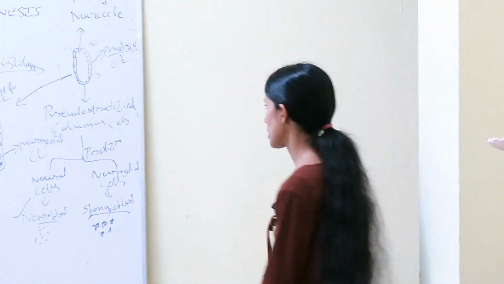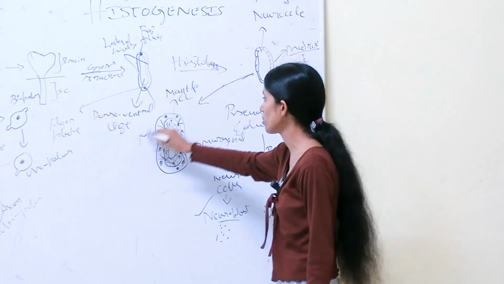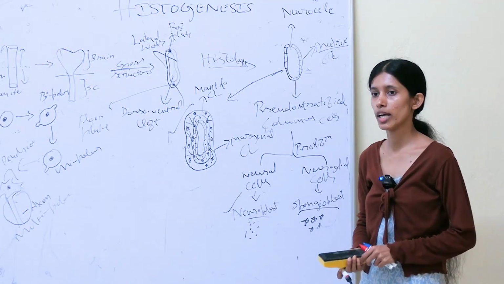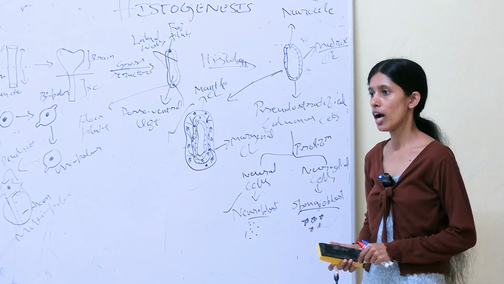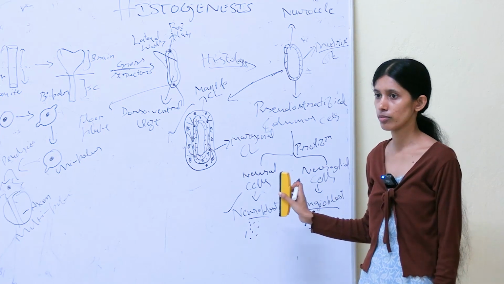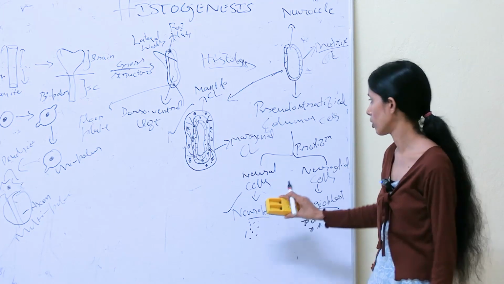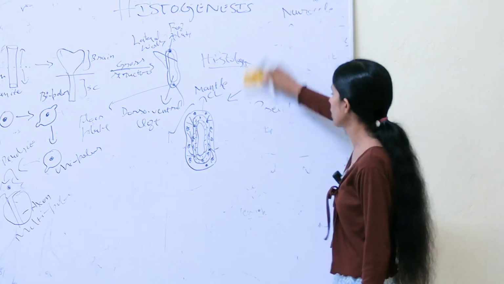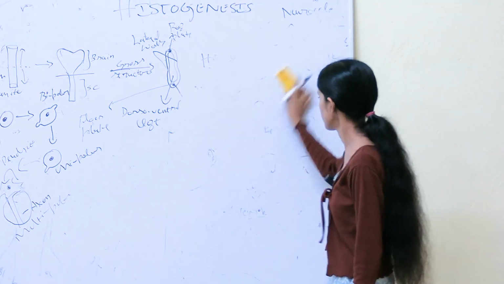Keeping this cell layer as a basic concept, we have to study the development of the spinal cord and also the development of the hindbrain, midbrain and forebrain parts. Any doubts? Sure? Okay, then we will start with the development of the spinal cord.